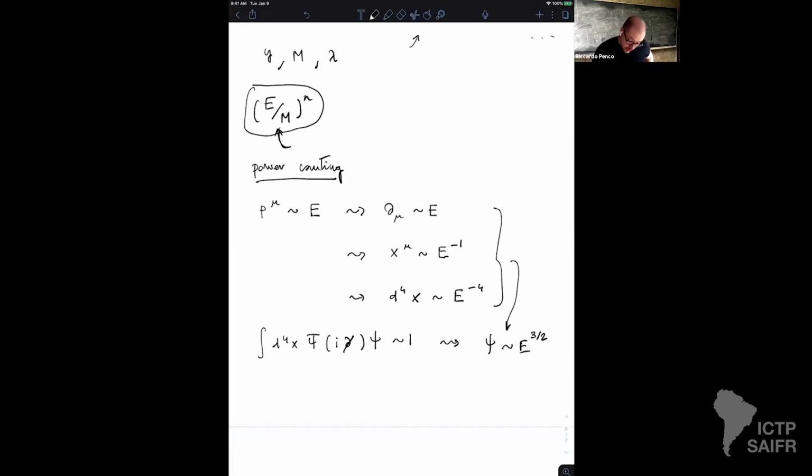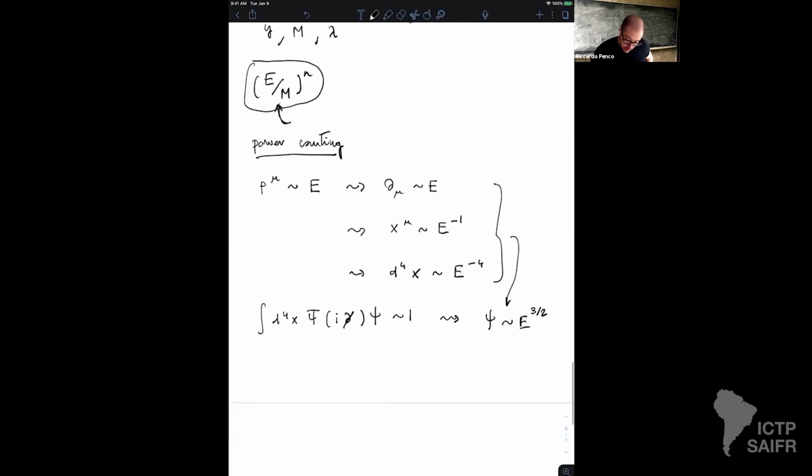So you can use these arguments to estimate that the quartic self-interaction that we wrote before should really scale like E squared over m squared.